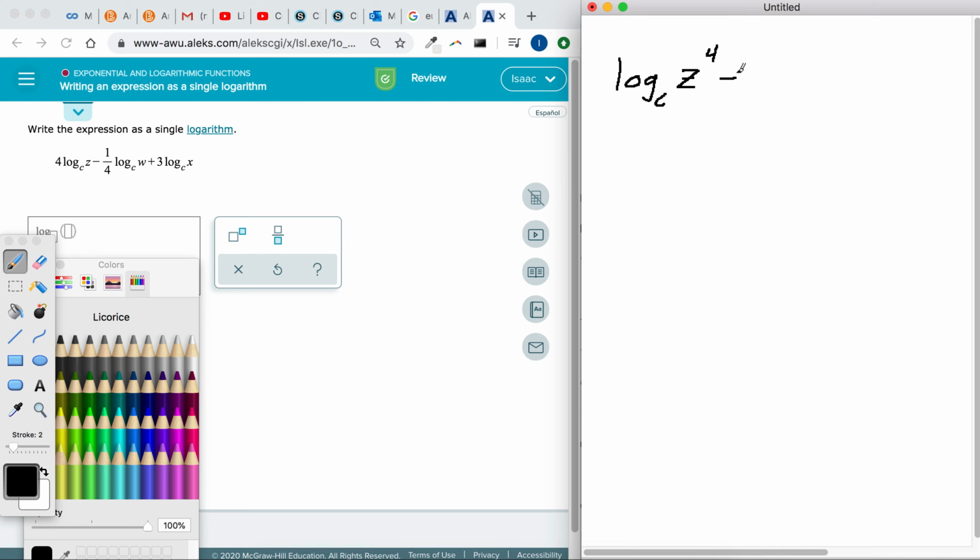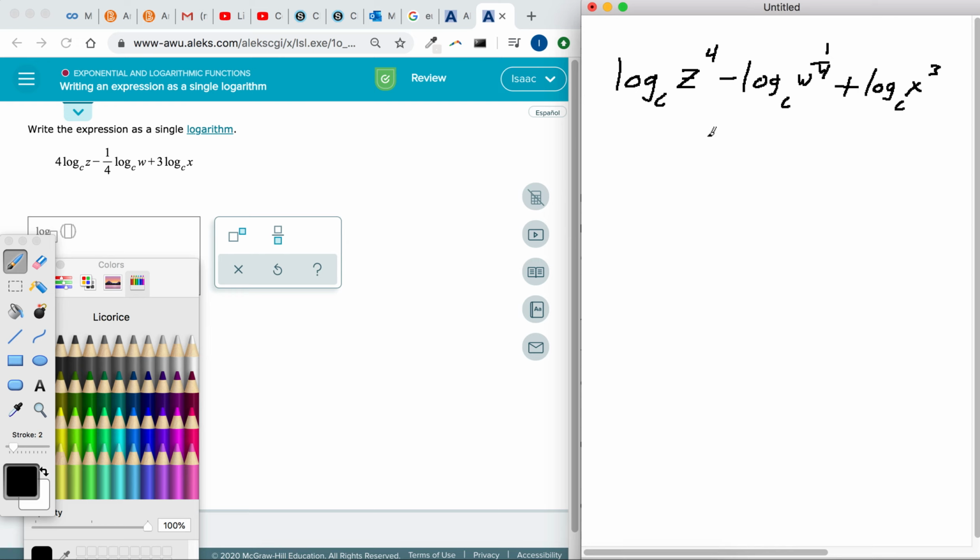Same thing with that 1/4. Raising something to the 1/4 power is the same thing as fourth rooting something, but looks like Alex doesn't have radicals in here, so we're just going to leave it as a power. So this is w to the 1/4, and then plus log base c of x to the 3rd.